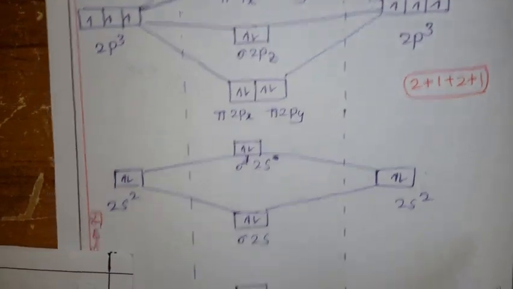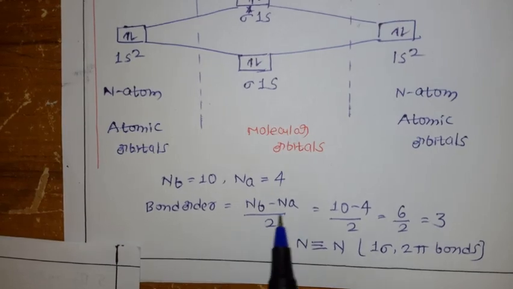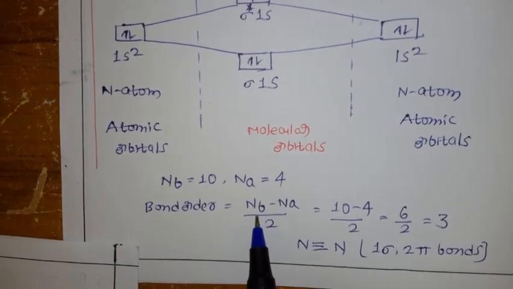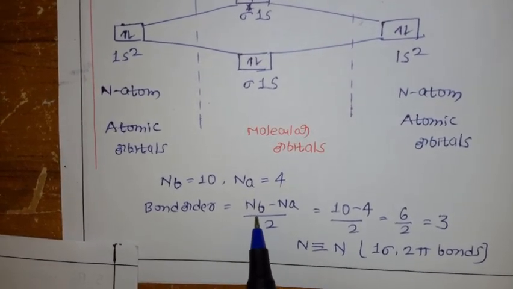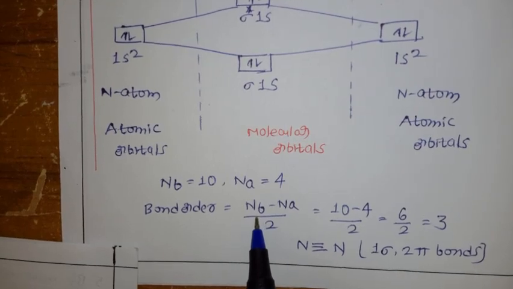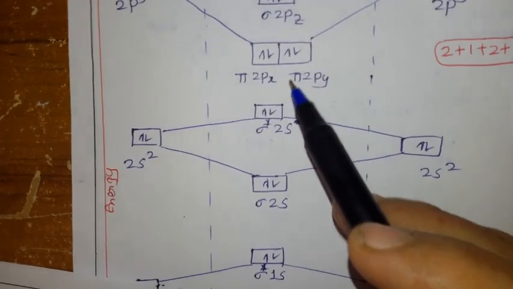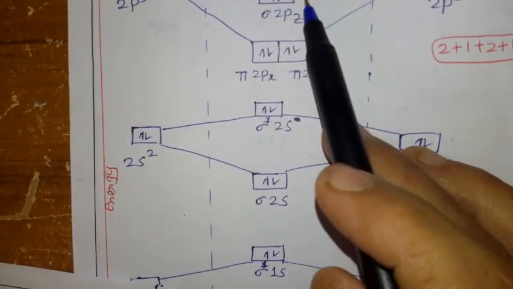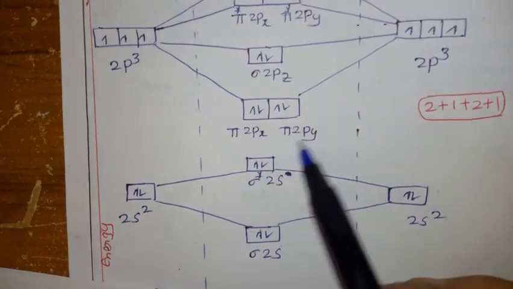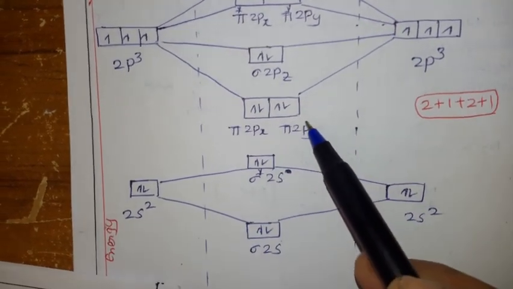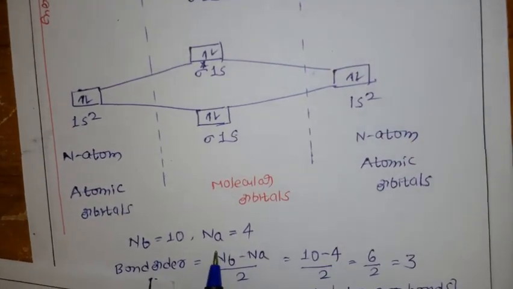Okay, now come to calculate the bond order. Here the bond order formula is Nb minus Na by 2. Now, how many electrons are there in the bonding molecular orbitals? Here we have a total of 10. How? This is 2, here 2, 4. These are also bonding molecular orbitals. All of these are bonding molecular orbitals, total we have 6. So 6 plus 4 means total we have 10. Now come to antibonding.